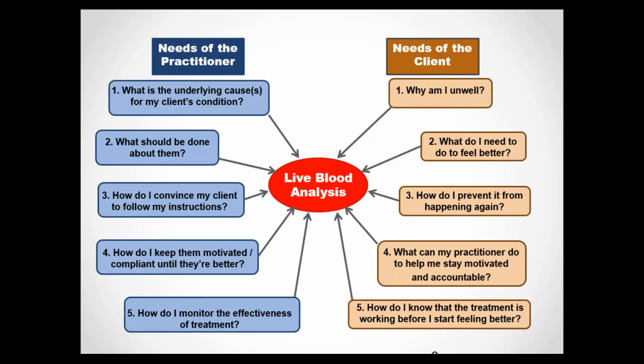Well, yes, look, our course is actually the most comprehensive course on the subject of live blood analysis. So all the information that you really need to be able to look at blood and understand what you're seeing, and to utilize this technique to its full potential, all that information is provided in the course.